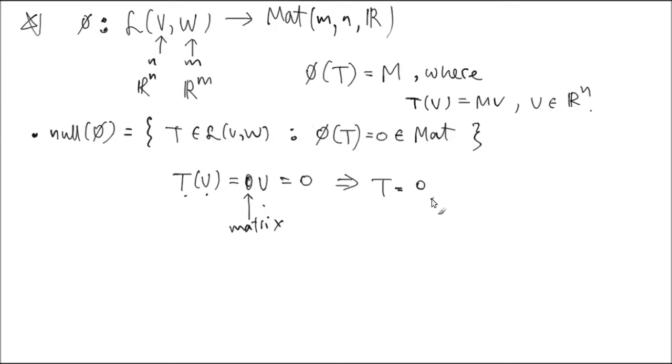So what's the conclusion about the null space of phi? I pull out an arbitrary map that is mapped to the 0 matrix, and it says the map has to be 0, right? So therefore, it's a 0 map. The 0 linear map is the only thing whose matrix is exactly 0. That make sense?